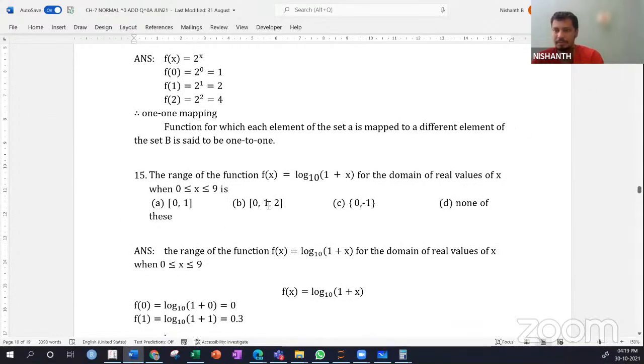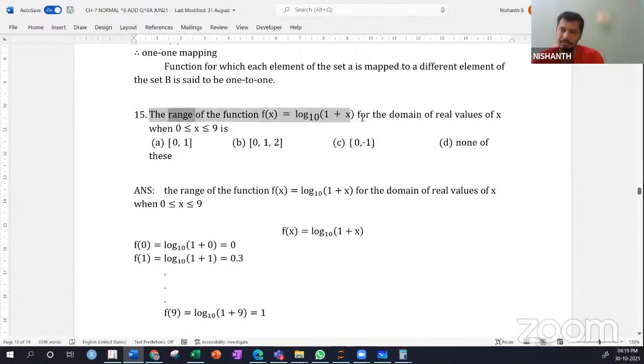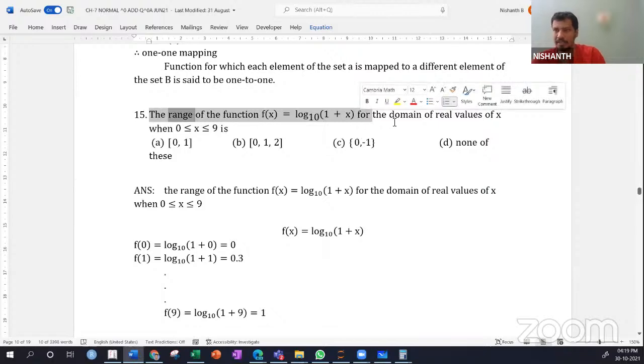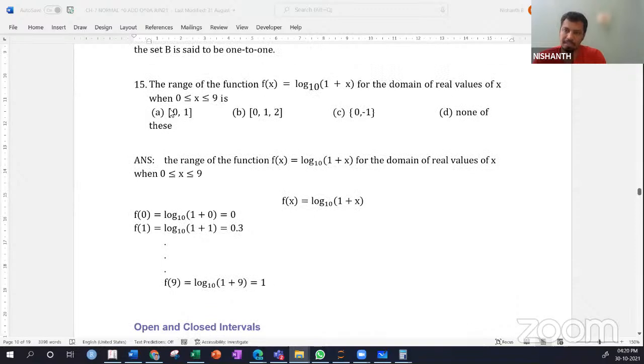So the range of the function f of x is equal to log base 10 of 1 plus x, for the domain of all real values of x where x is greater than 0. Here they have specified a range, but the range is that you cannot go beyond 4 because it will become a complex root. You cannot find the root of negative numbers. So here we said option A is the answer, square bracket 0, 1.